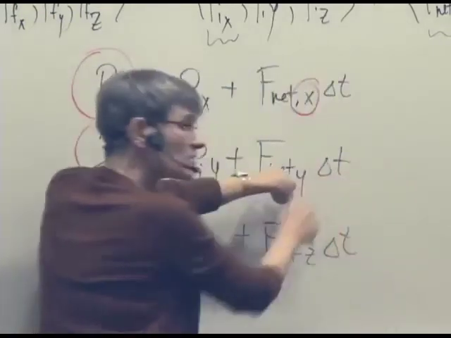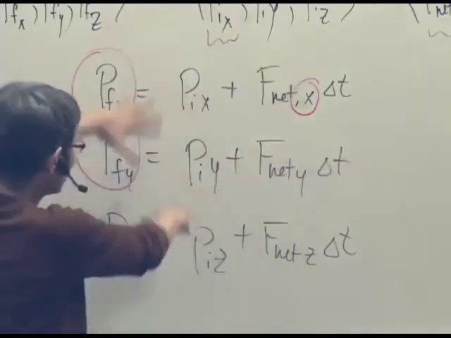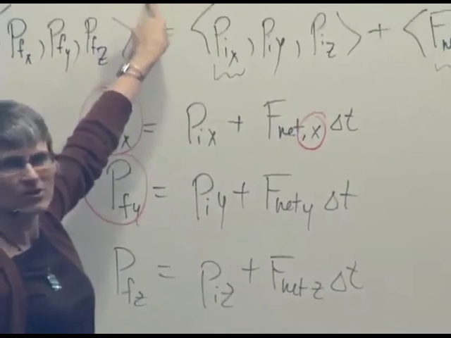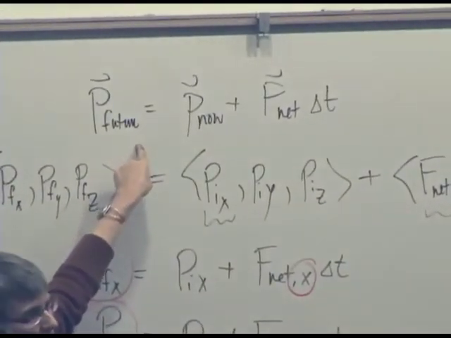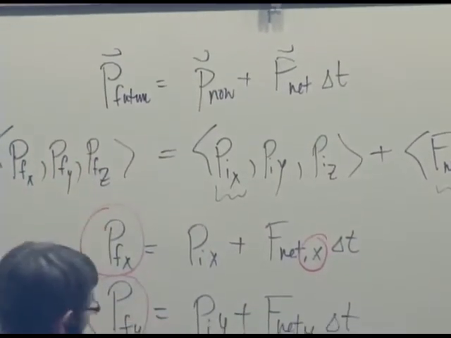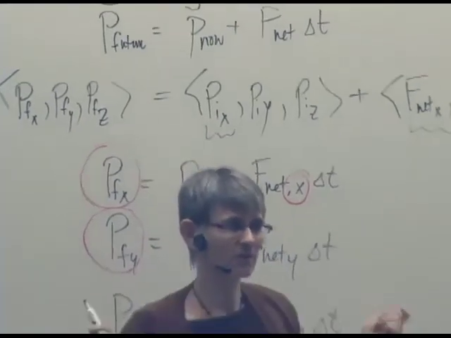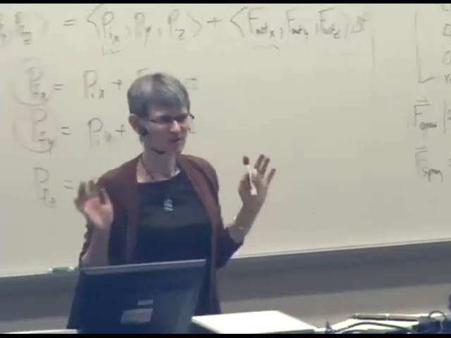It doesn't depend on the Y component. So that's just writing out this vector equation. And since this vector equation describes the way the world works, the prediction it makes is that, in fact, only the y component of momentum should be changed if the net force is only in the y direction. So that's interesting.